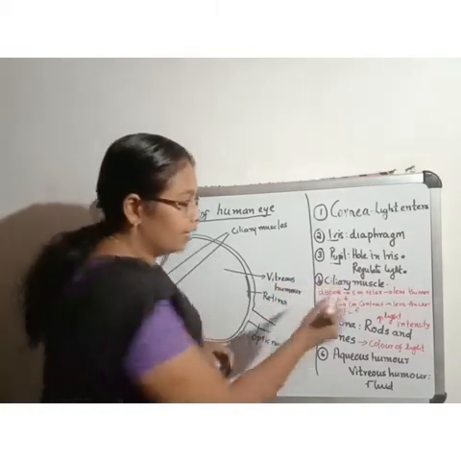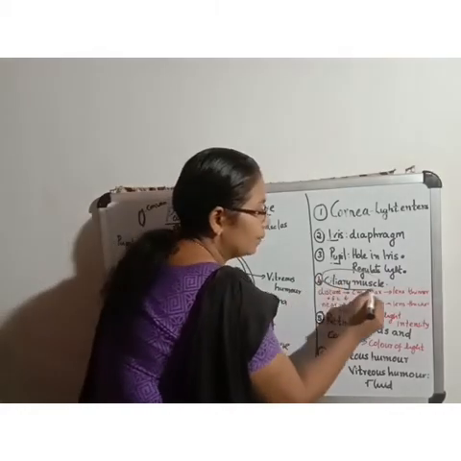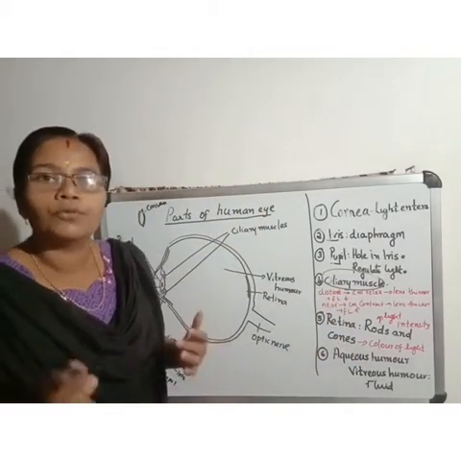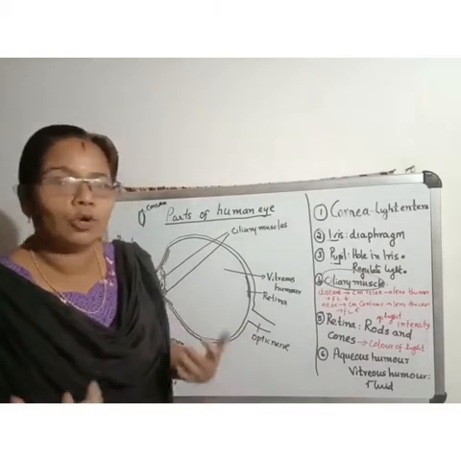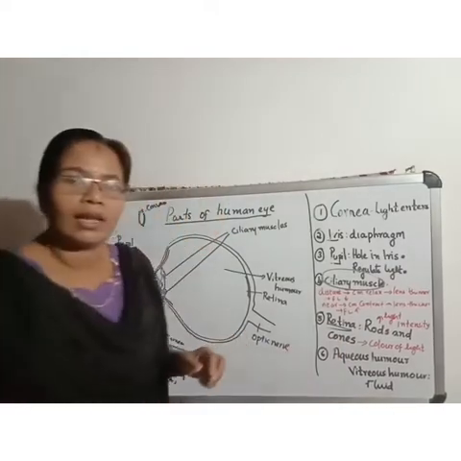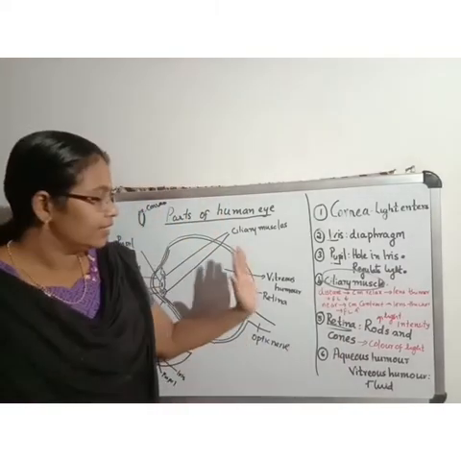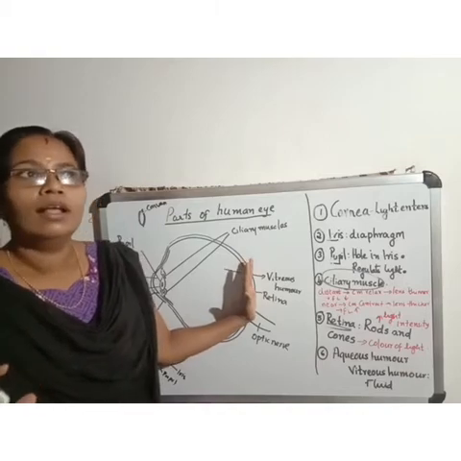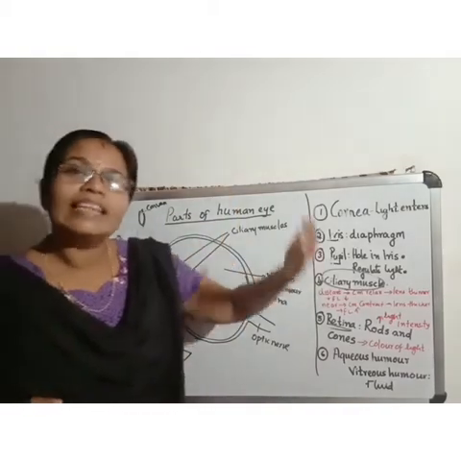The ciliary muscle has a very great role while we are discussing the parts of the human eye. Next is what? The retina. Retina has a role like a screen.